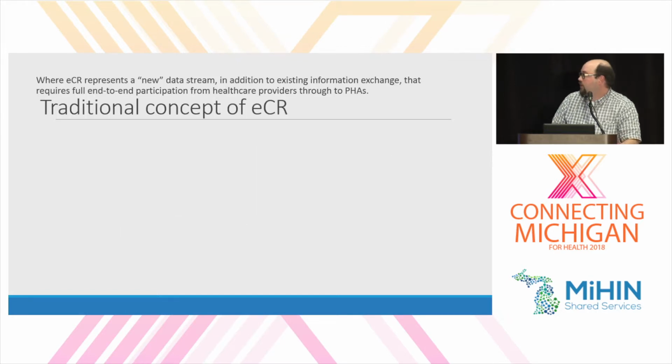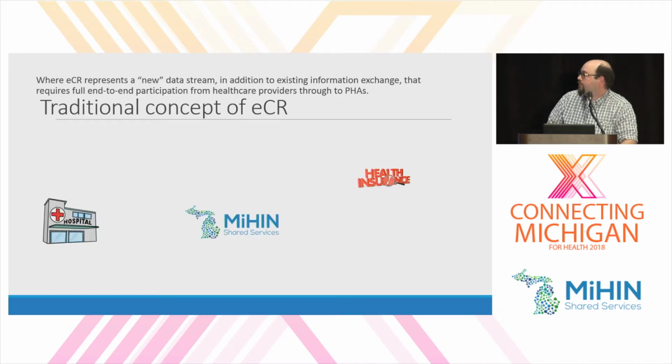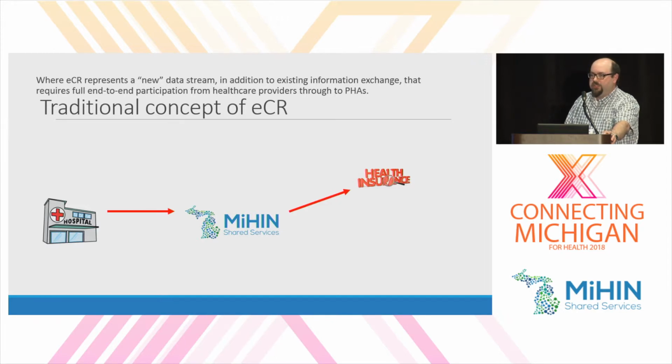Let's move on to the next, and of course this is another graphic to show how the data flow would usually be on this type of thing. In a traditional concept of electronic case reporting, they'd send a CCD from the hospital to MiHIN and off to the health insurance.